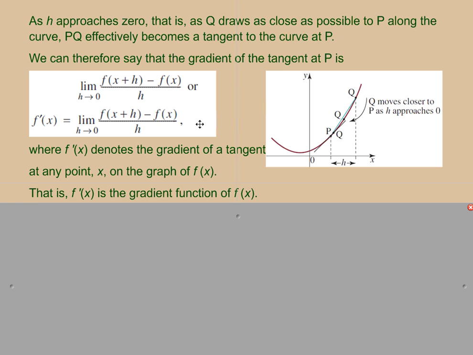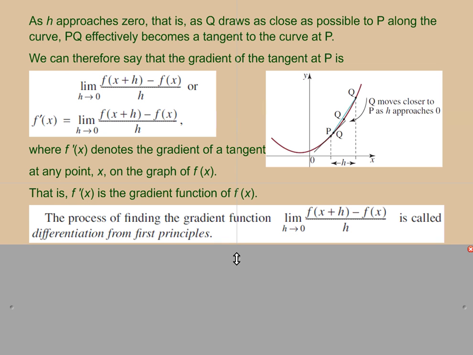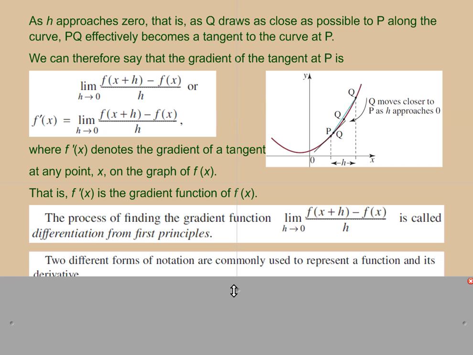Now this is also called the gradient function or the derived function, and it's also known as the derivative. So the gradient function, derivative or derived function, is equal to the limit as h approaches 0 of f of x plus h minus f of x over h. And this process of using this formula is called finding the derivative by first principles.